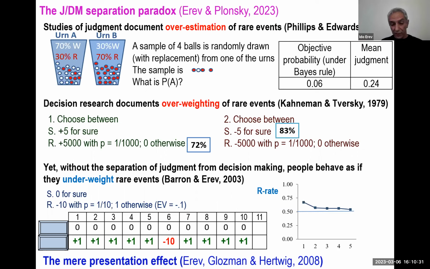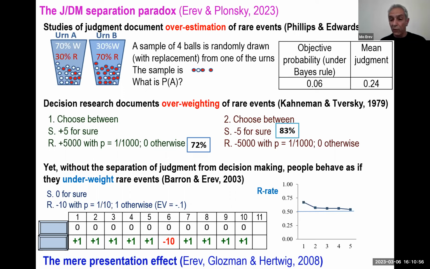One explanation of this pattern is a mere presentation effect. What we think is happening here is that when you separate the judgment from the decision making, you have to explicitly present the rare event. You have to explicitly ask what the probability is that the earning is A. Here, you have to specifically write that you might get 5,000 with probability 1 in 1,000.